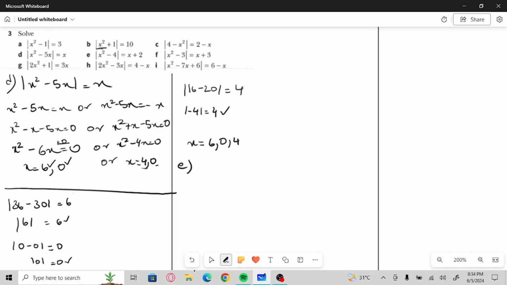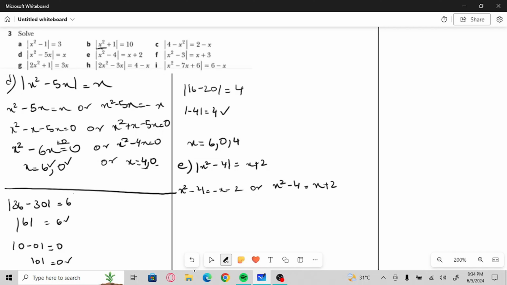On to part E, we have x squared minus 4 in a modulus is equal to x plus 2. Okay, inputting these values, x squared minus 4 is equal to minus x minus 2, or x squared minus 4 is equal to x plus 2 as it is.